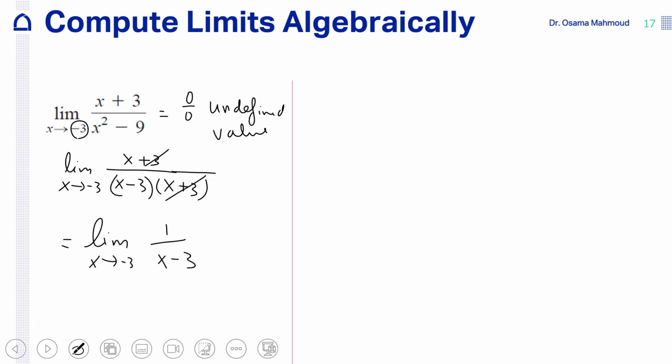Now you can distribute this limit, so you have the limit when x tends to minus 3 for the numerator, and the limit for the denominator. This is a constant, so it's the same value. This one is a polynomial, so you can substitute x. You have minus 3 minus 3, so you have 1 over minus 6.